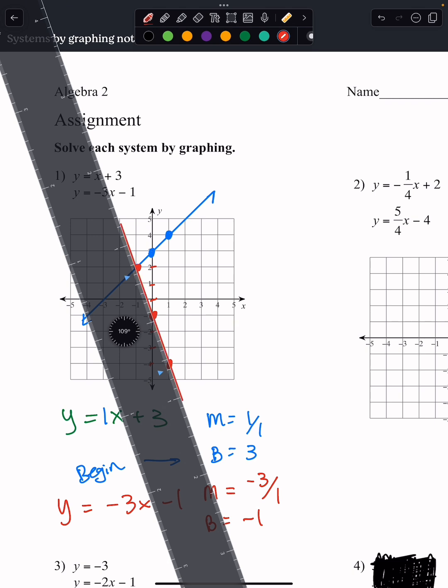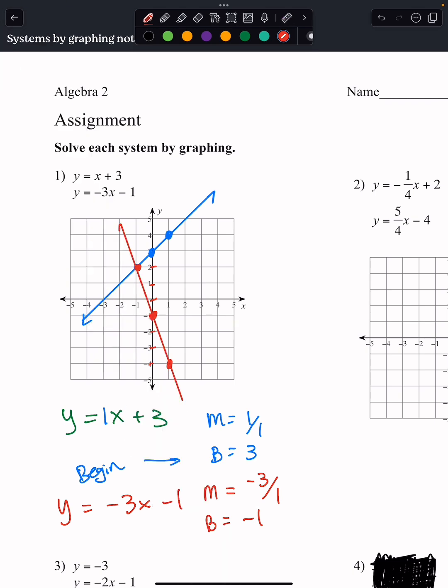And then the question here is, where do these two lines cross? They cross right here, which happens to be negative 1 and positive 2. What this means is if you plug these two numbers into the equation, for example, just so you know where this comes from, I'll only do it on this one. If I plug a negative 1 in for x and I plug 2 in for y, my answer should be right.